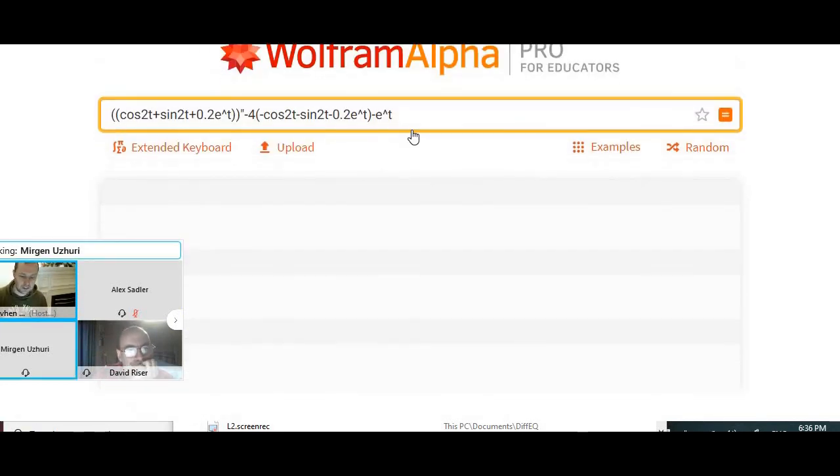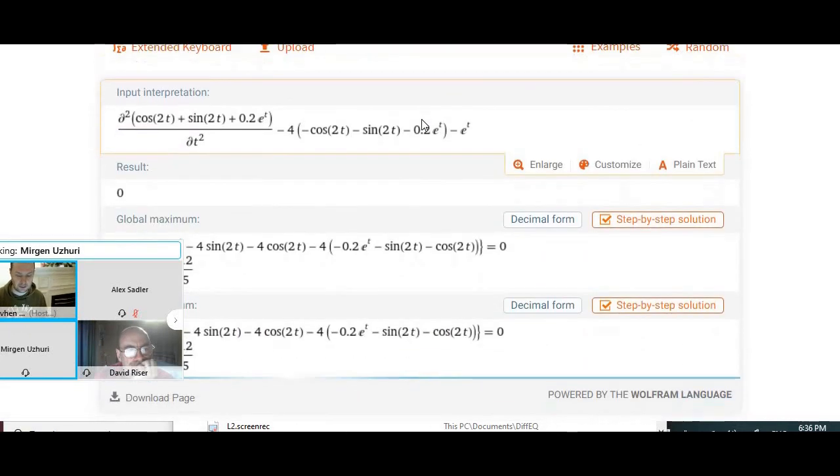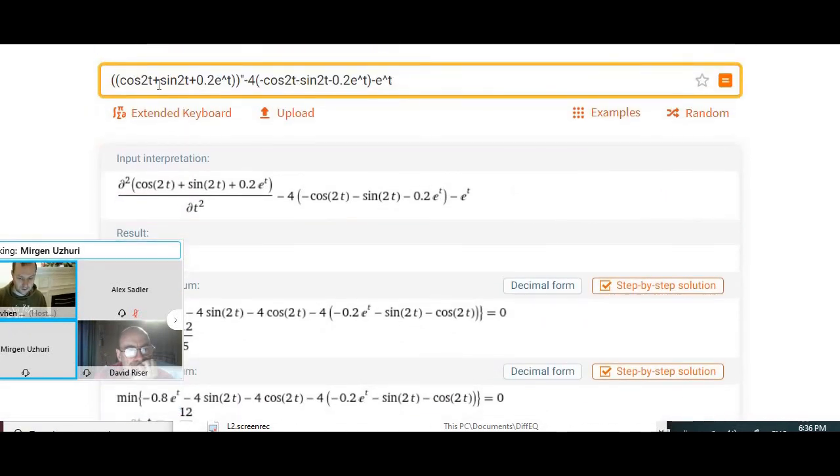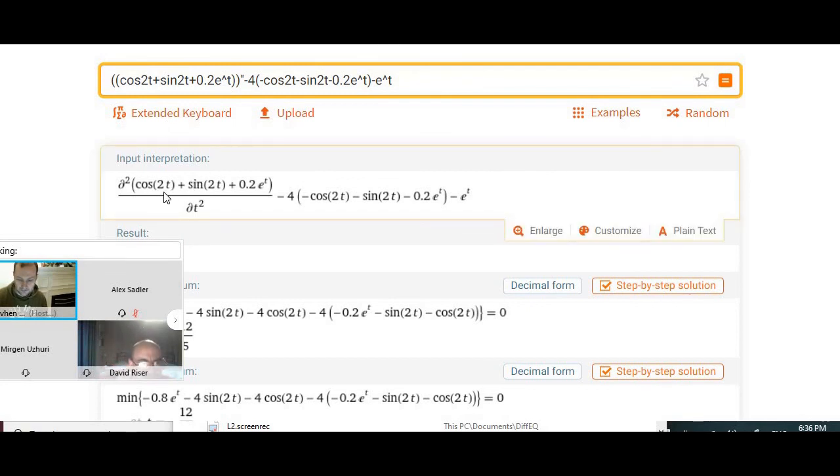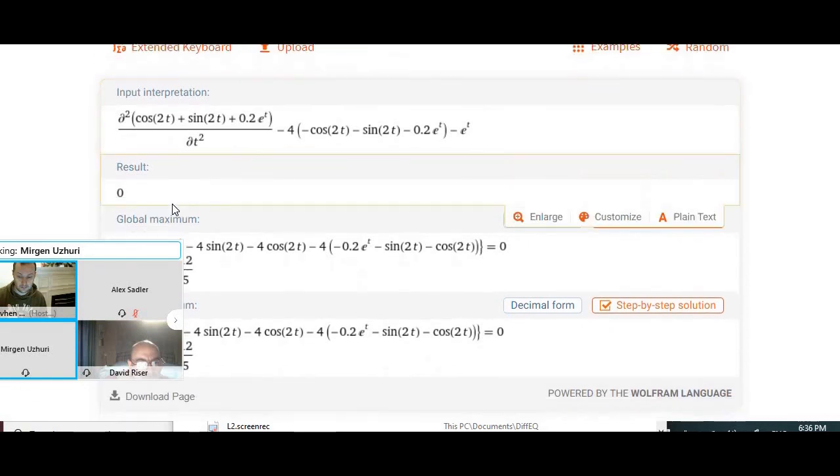This is a completely different letter soup. Do you guys see my screen? Does it echo back in spirit what we wanted on the left-hand side? Second derivative minus 4 times mumbo jumbo, aka y, minus e to the t. So the result is 0.